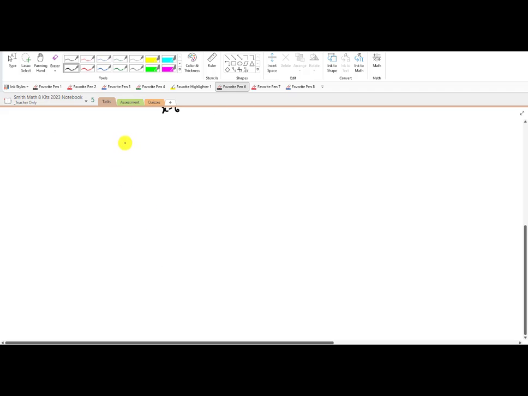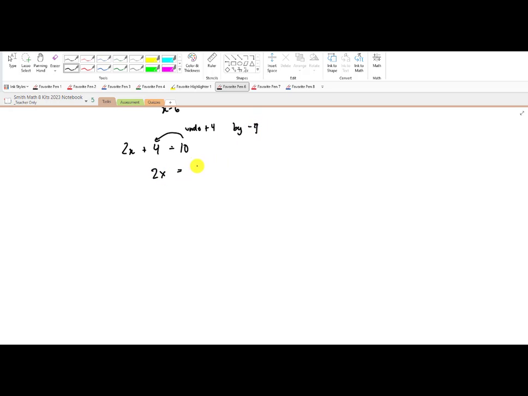We could have something like 2x plus 4 is equal to 10. So the first thing I can do is undo that. This is my own notation, like that little arrow thing. There's nothing special about it. I'm going to undo the plus 4 by subtracting 4. So I'm going to get 2x is equal to 10 minus 4.